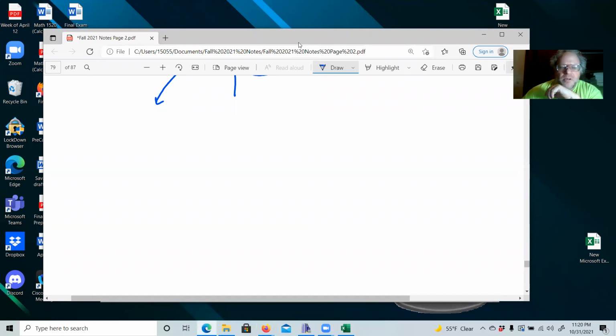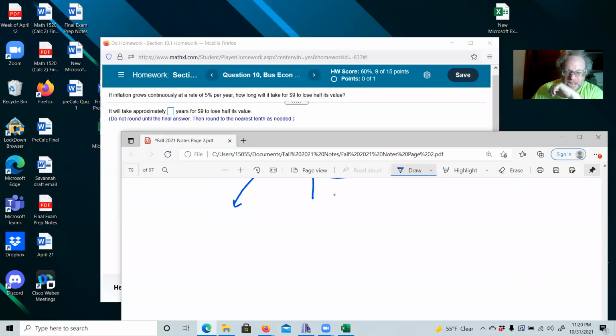So what we're supposed to do is say y is equal to its value, and t is equal to time in years.